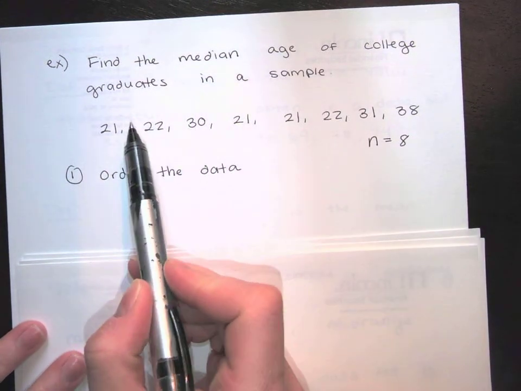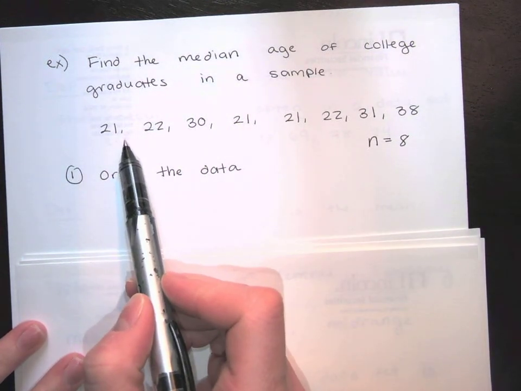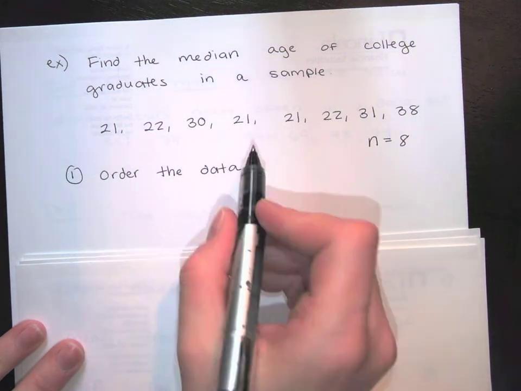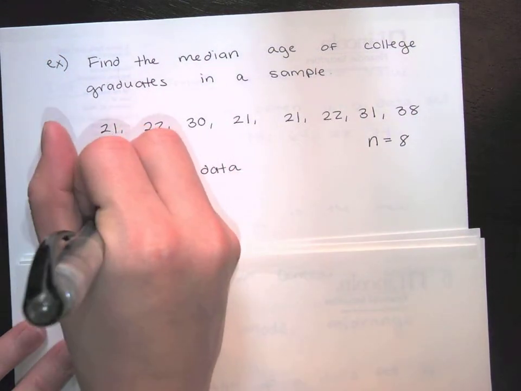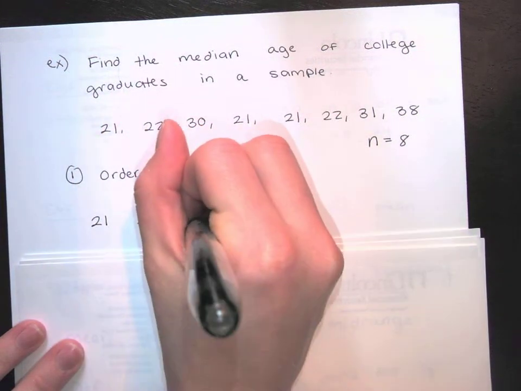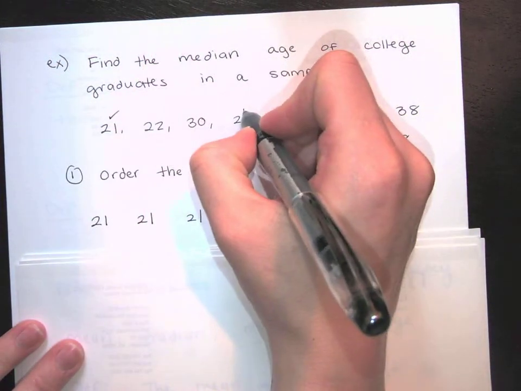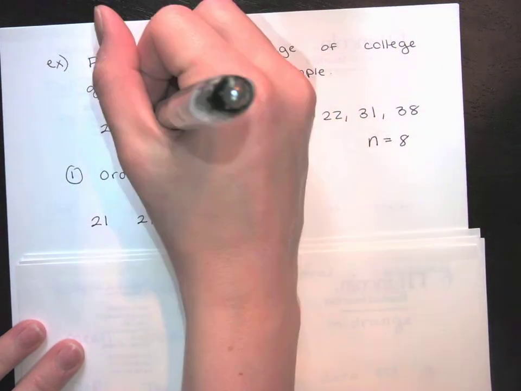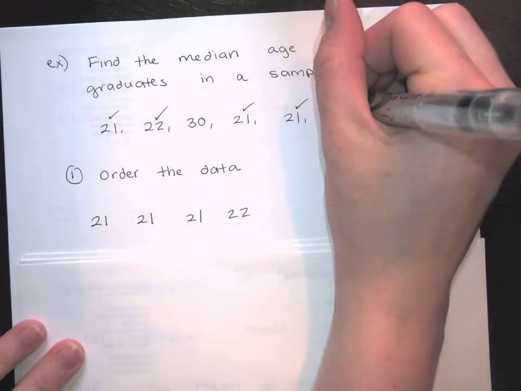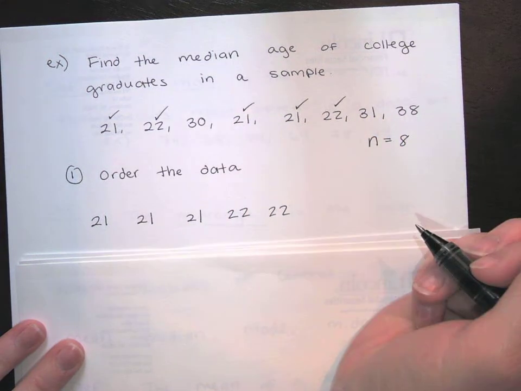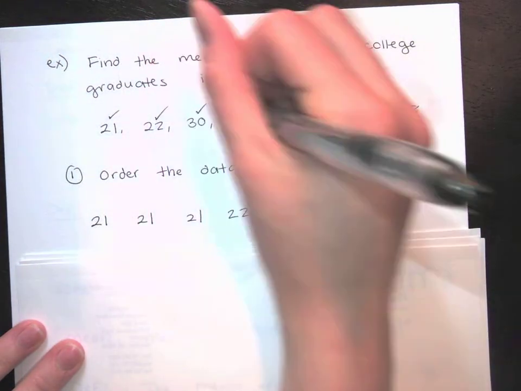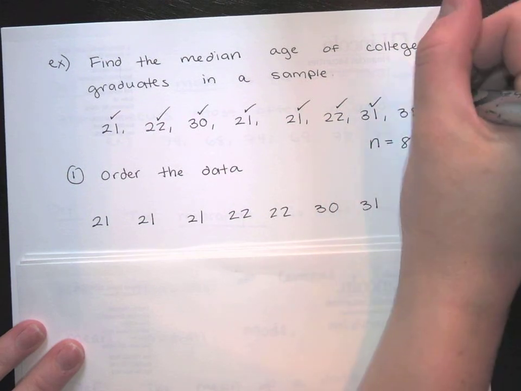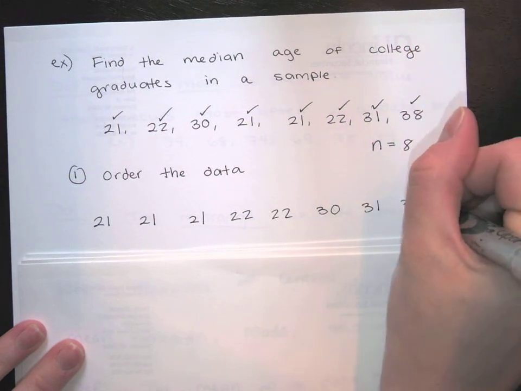So let's see, what's our smallest number? 21, and how many of those do we have? 1, 2, 3: 21, 21, 21, 22, 22, 30, 31, and 38.